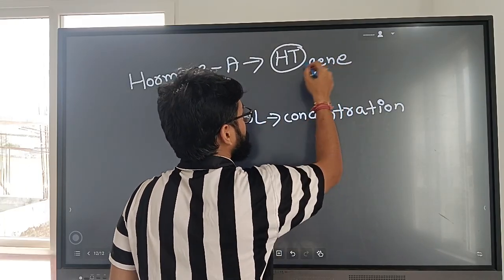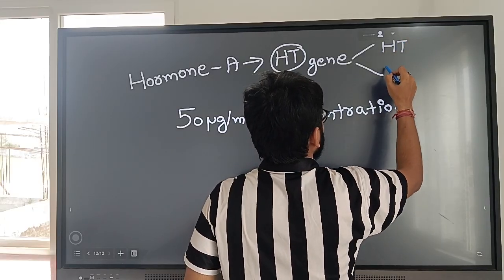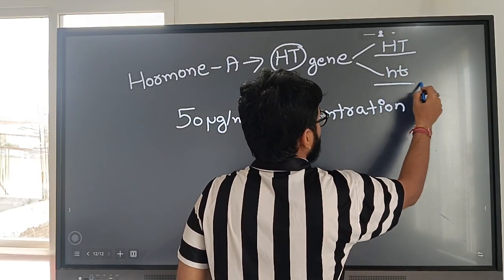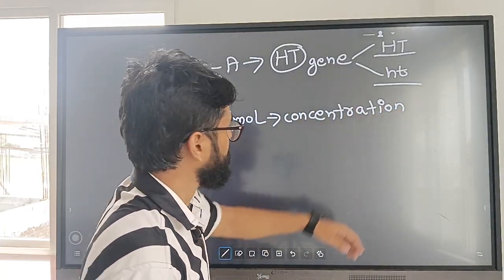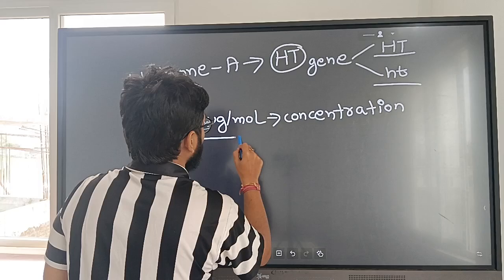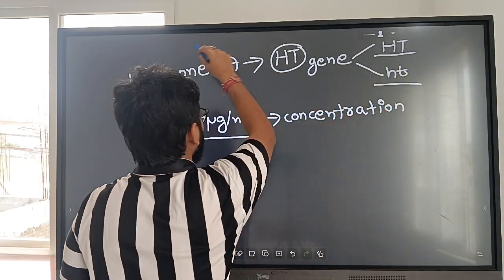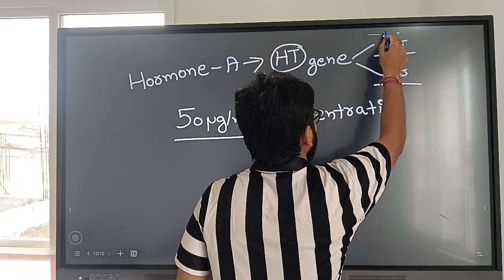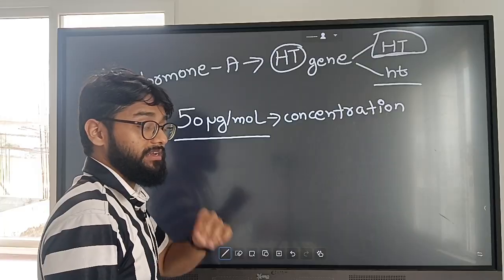Now as we know, this gene HT will have two types, that is capital HT and small ht. Correct? Capital HT will be the dominant one and small ht will be the recessive one. So 50 microgram per mole concentration is required to create the hormone A by the HT gene in its dominant form, that is capital HT form.